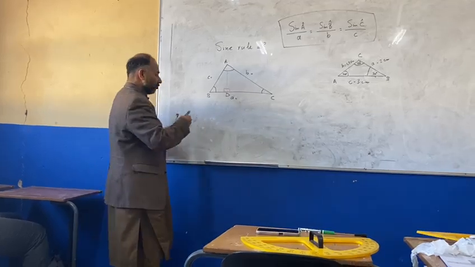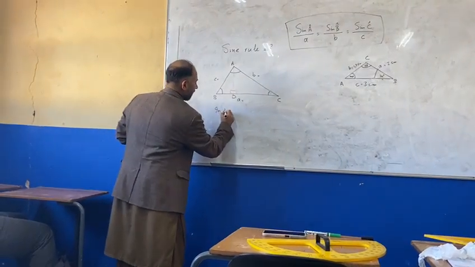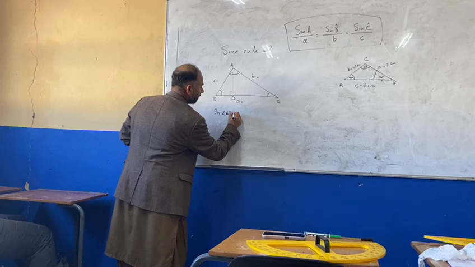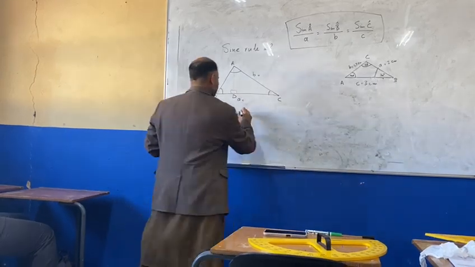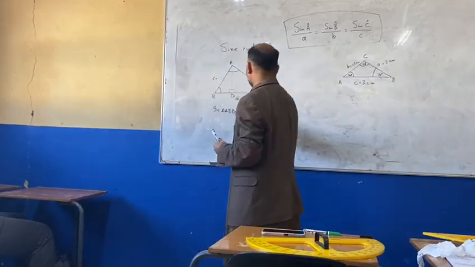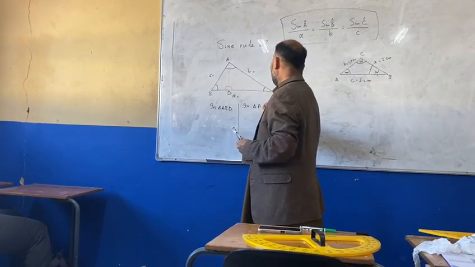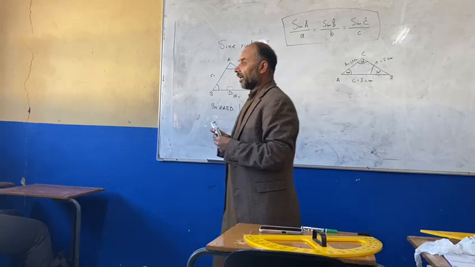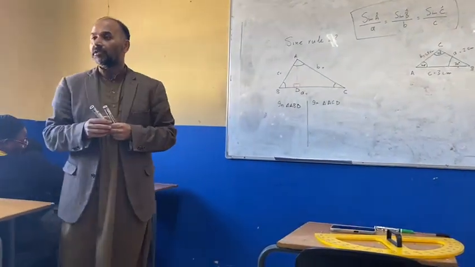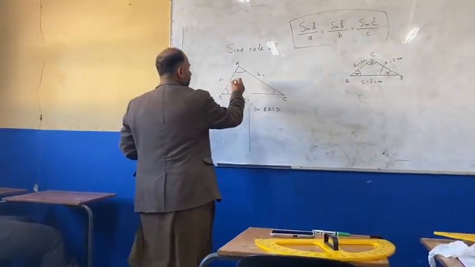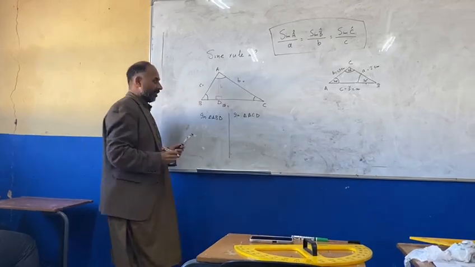Triangle ABD. And which other triangle do you see, guys? ACD. There are two right angle triangles. Let me call this line H.